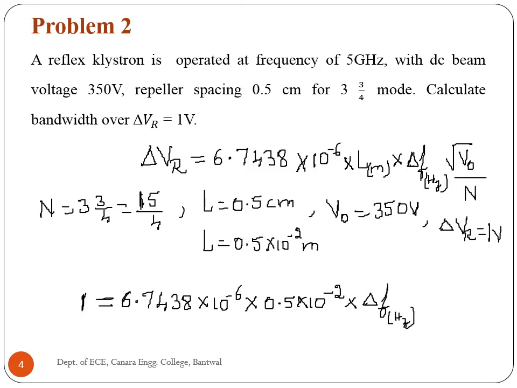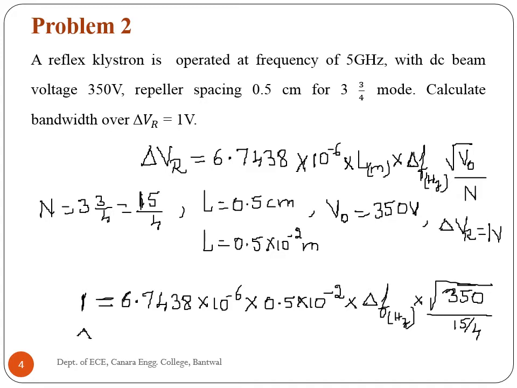It's a bandwidth notation, multiplied with root of V naught, 350 volts divided by N is 15 by 4.